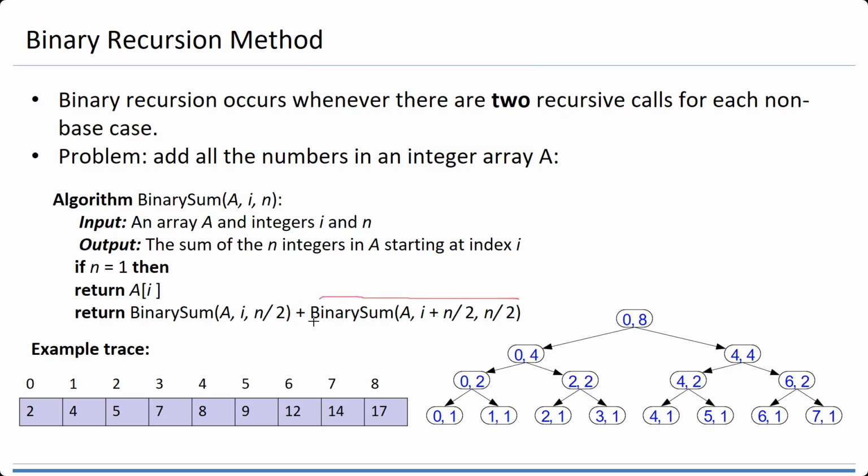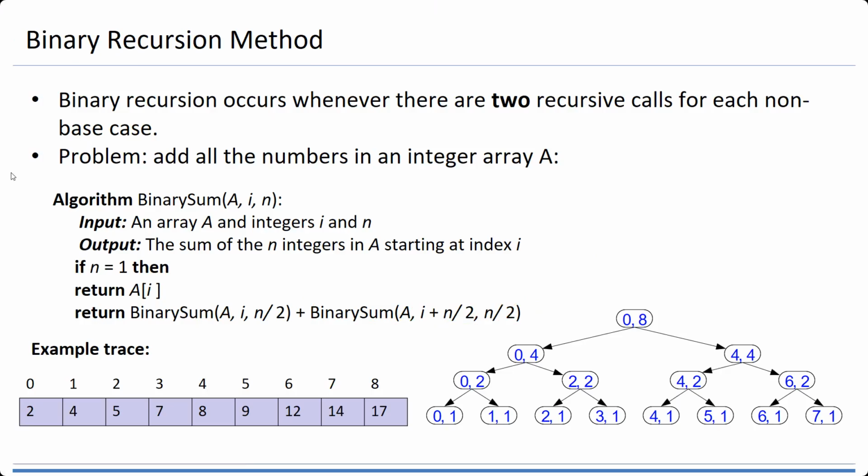On the other hand, this function will be A, which is the array, and it starts from I plus N divided by 2, until N divided by 2. So it means I'm just going to check the remaining.